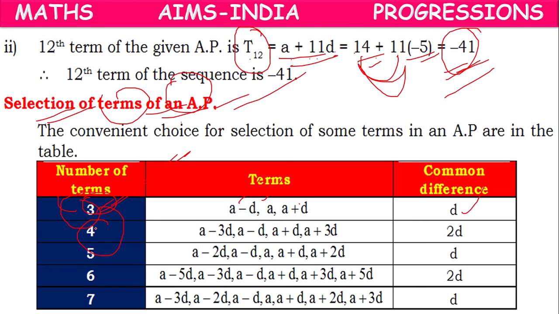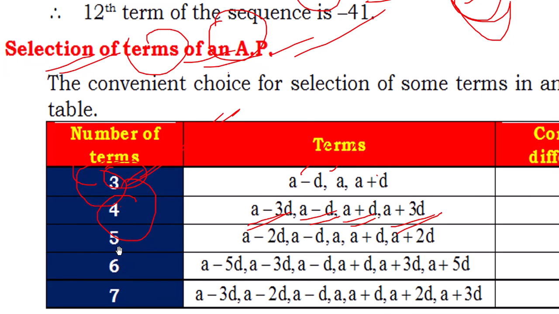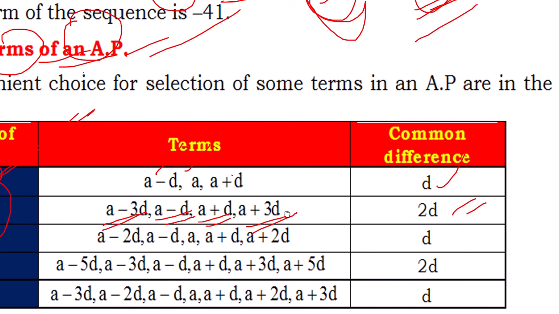If you want to take 4 terms, we can take a minus 3d, a minus d, a plus d, a plus 3d. So the common difference will be 2d. If you want 5 terms, we can take a minus 2d, a minus d, a, a plus d, a plus 2d. The common difference is d.